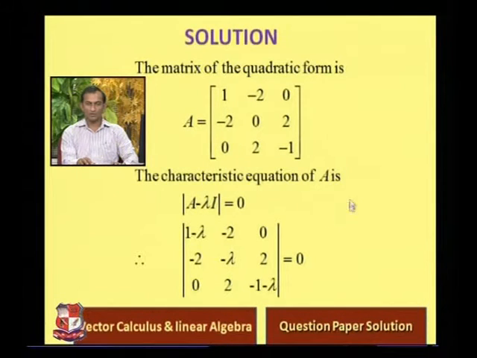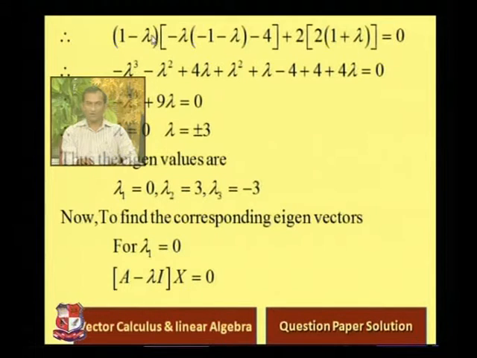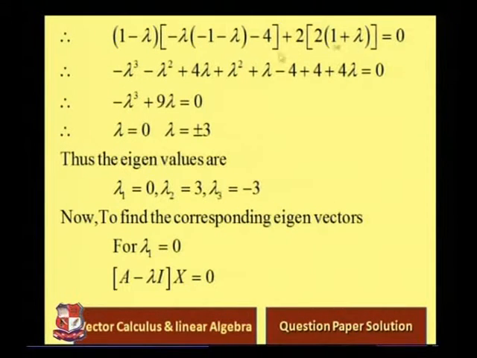So the characteristic equation of A is determinant of A minus lambda I equal to 0. Substituting in this matrix, with the identity matrix, we get this equation. Next, 1 minus lambda, and then by solving the determinant we get this, and then by simplifying we get lambda equal to 0 and lambda equal to plus or minus 3.